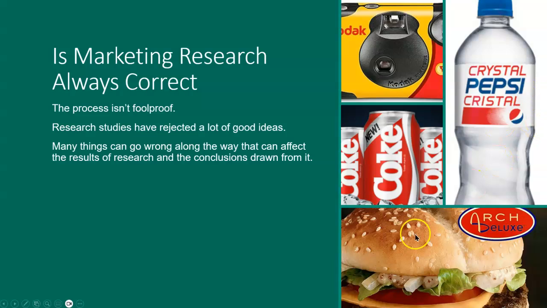Down here at the very bottom, we have the Arch Deluxe. I'm not sure if any of you are even old enough to remember this, but Arch Deluxe was put out there as a quote adult burger unquote. So it was advertised to the older market segment. It didn't fare well because usually we go to McDonald's because we want to bring our kids, or maybe we want something fast.